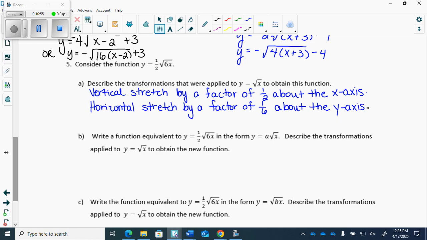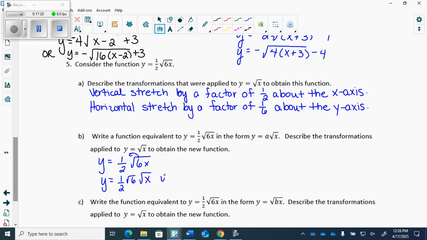Then it says write a function equivalent to y equals 1/2 square root of 6x, in the form a root x. So they want to move everything out. How do I move that 6 out? What do I have to do with the 6? Square root it. So I'm going to get y equals 1/2 square root 6 root x.